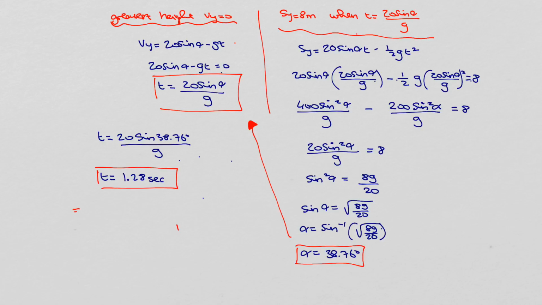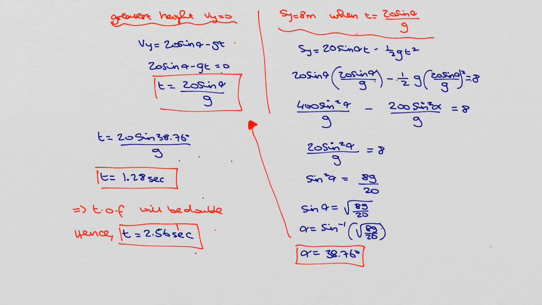So therefore the time of flight will be double this. So if I multiply 1.28 by 2, I get 2.56. So my time of flight will be equal to 2.56 for the whole start to finish.